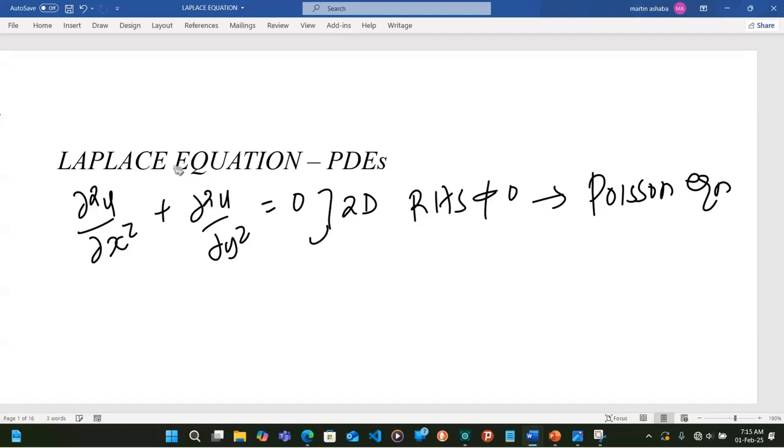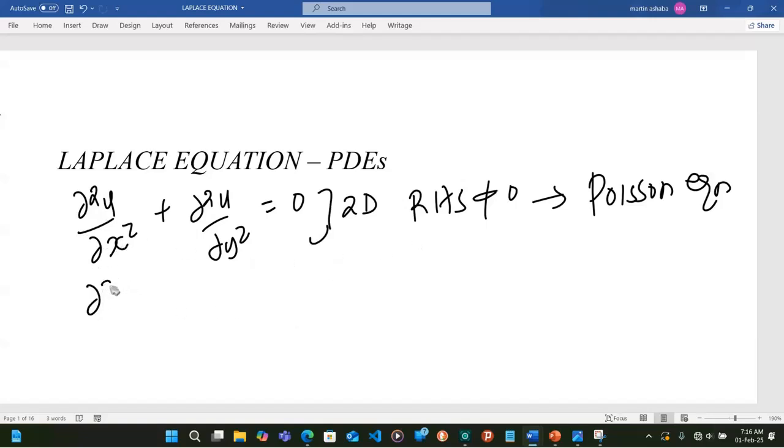So the Poisson equation and Laplace equation are very much related, because if the function on the right is equal to 0, then we call it the Laplace equation. If the function is not equal to 0, we call it the Poisson equation. Then in 3 dimensions, we'll have x, y, z.